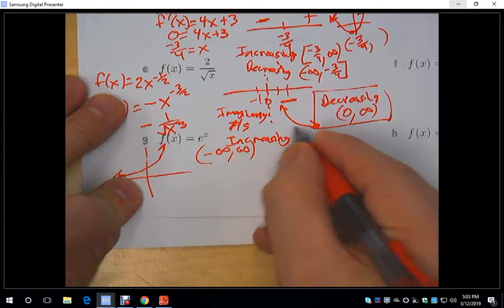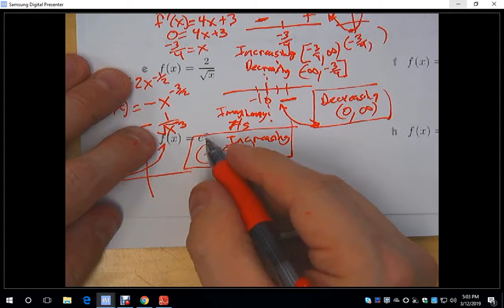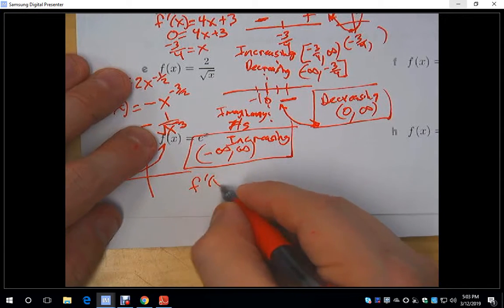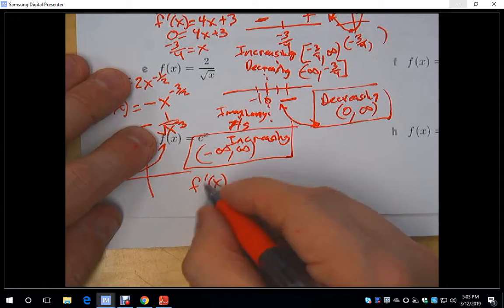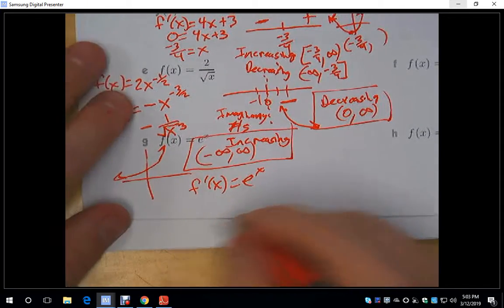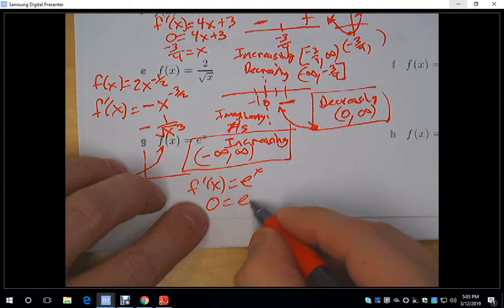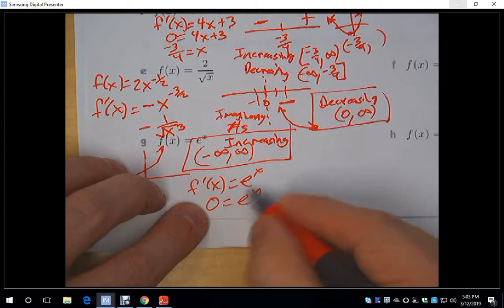Now, if you wanted to do a sign diagram, then we take the derivative of e to the power of x. The derivative of e to the x is just e to the x. And then we make this 0, and that 0 equals e to the power of x. What is this x here that will give me 0 over here?